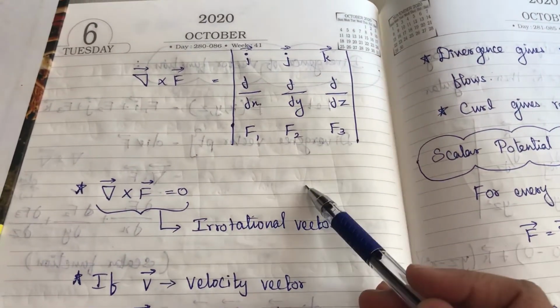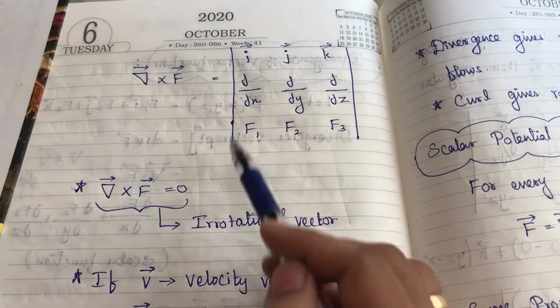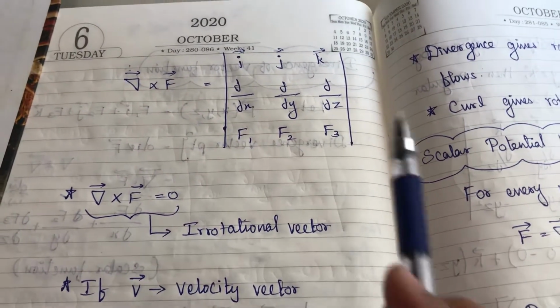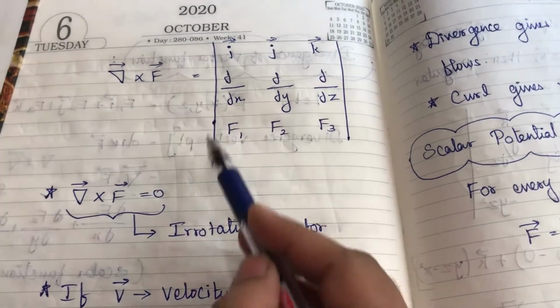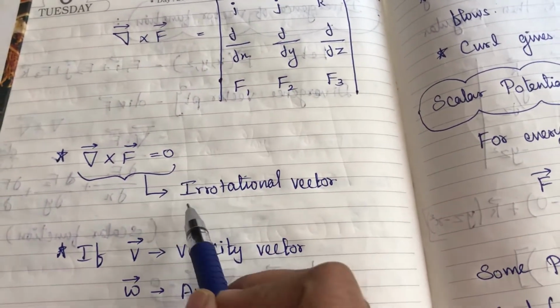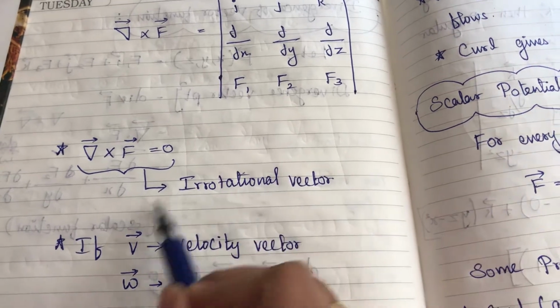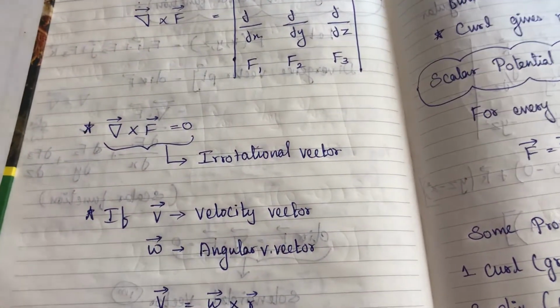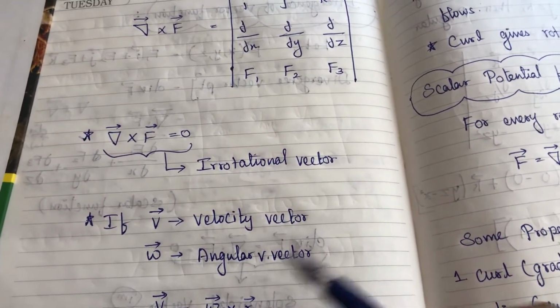By solving this, just take the determinant and you will get a vector. This vector is the curl vector. If this curl vector is 0, it is an irrotational vector. It cannot rotate.